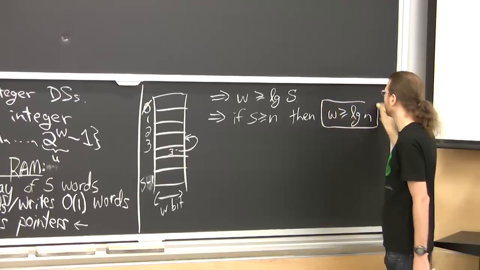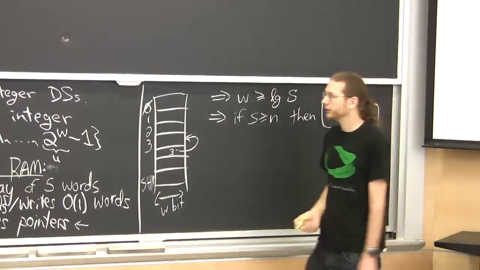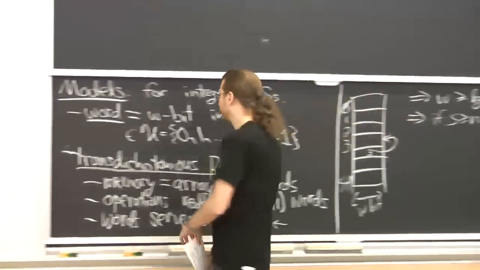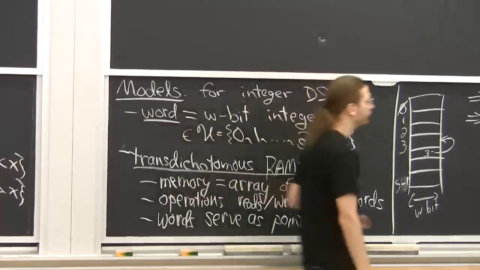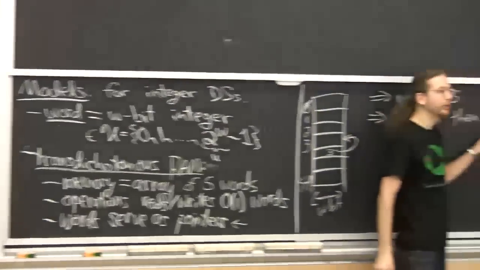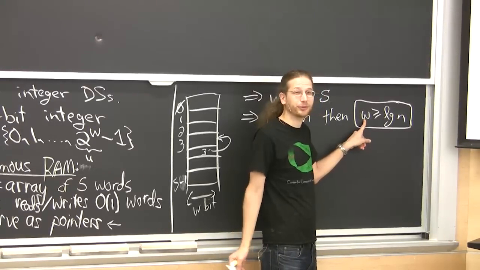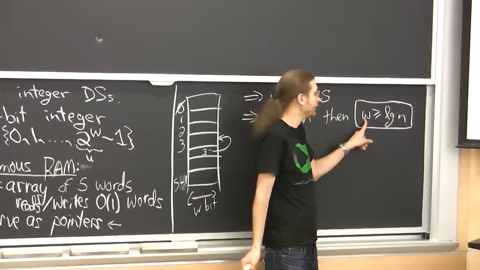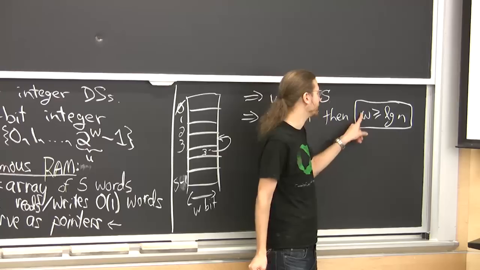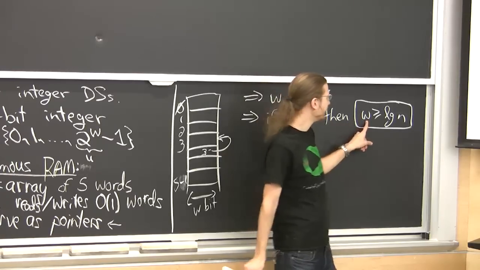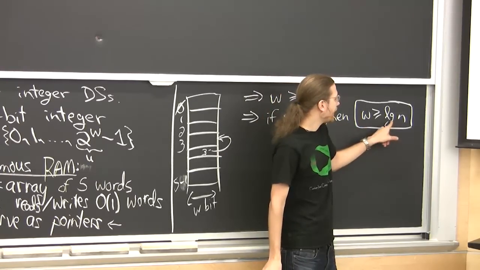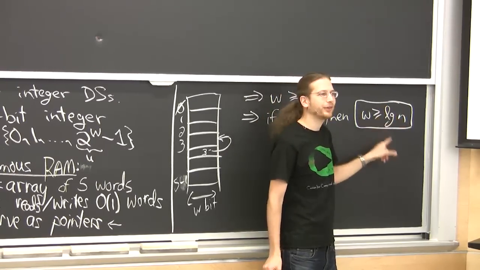Now this relation is essentially a statement bridging two worlds. On the one hand, you have your model of computation, which has a particular word size. In reality, we think of that as being 32 or 64 or maybe 128, with some fancy operations on Intel machines. And then there's your problem size, which we think of as an input.